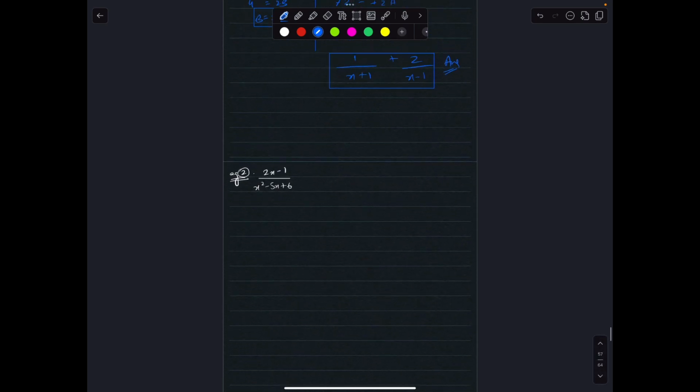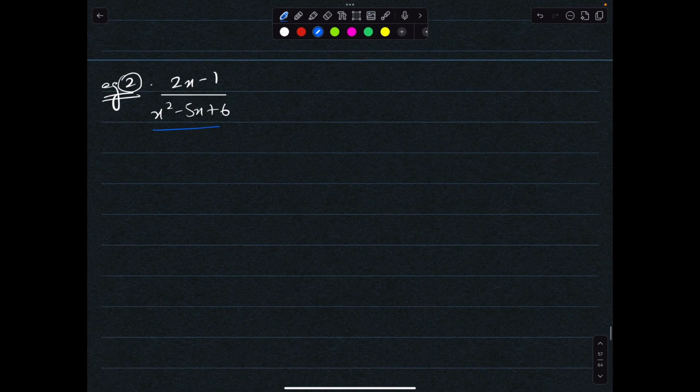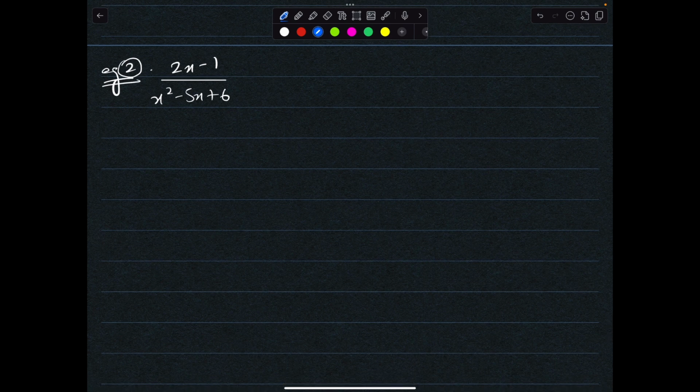Now, for our second example, we have this. This cannot be simplified so easily, so I must try breaking the middle term, or just simply use the quadratic formula. So let's try this by breaking the middle term. So I have x square minus 5x plus 6.